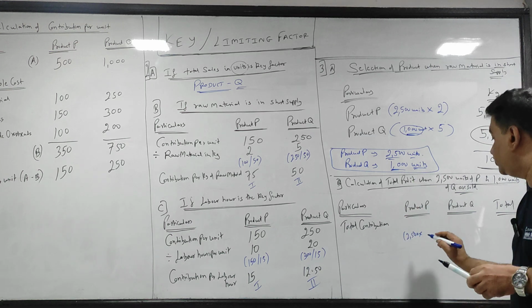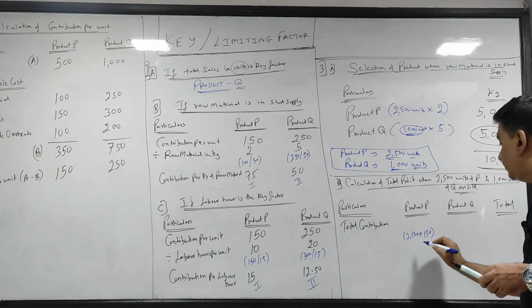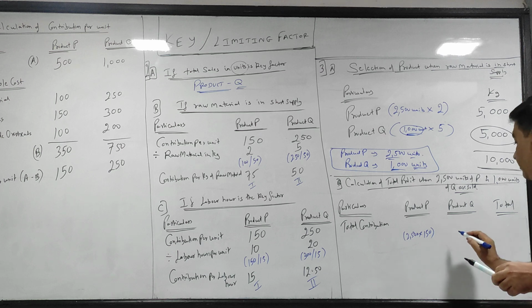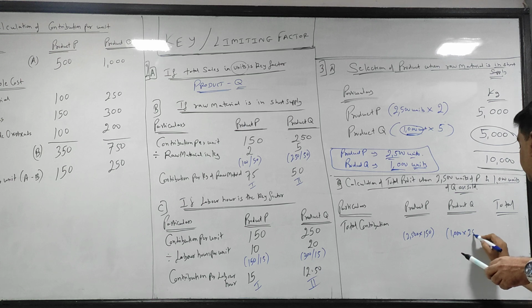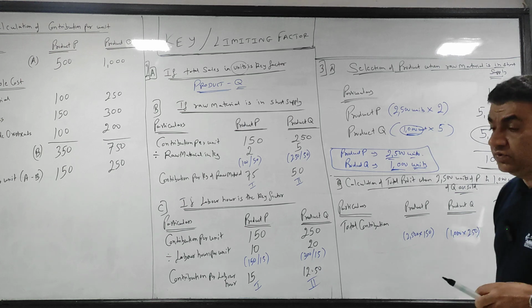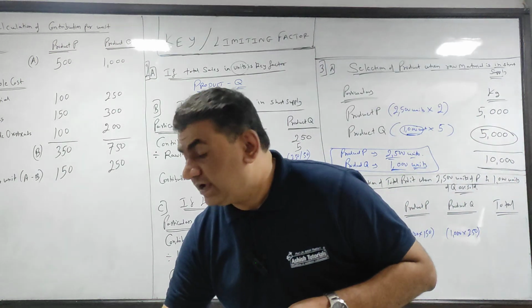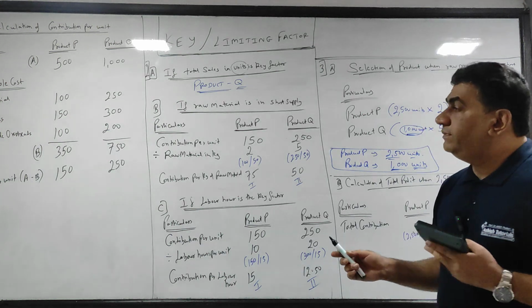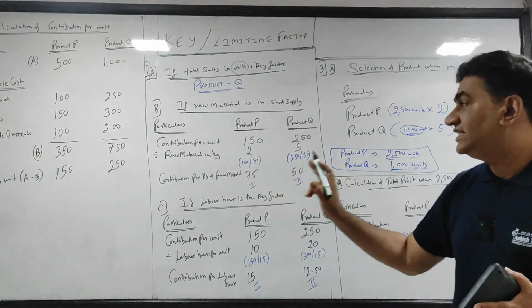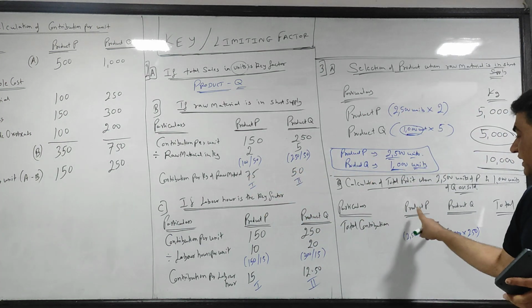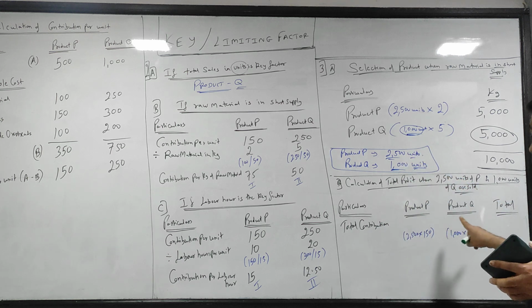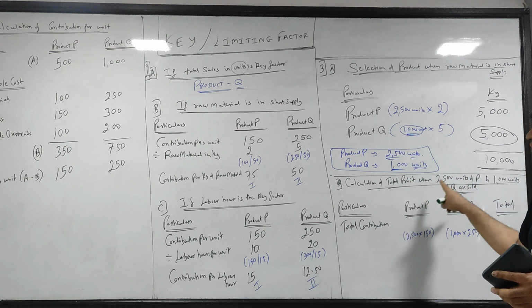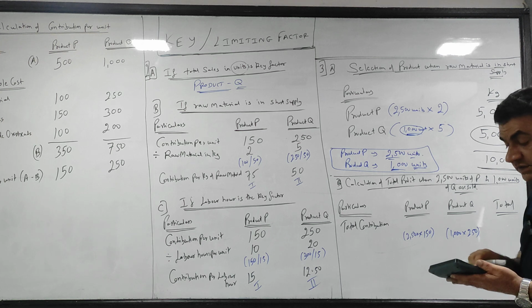P का contribution per unit कितना है? 150. And how many of Q? 1,000. So Q will be 1,000 into 250. Okay, I'll repeat. Contribution per unit of P is 150. So P का contribution आएगा 2,500 into 150 and Q is 250. So 250 into 1,000.